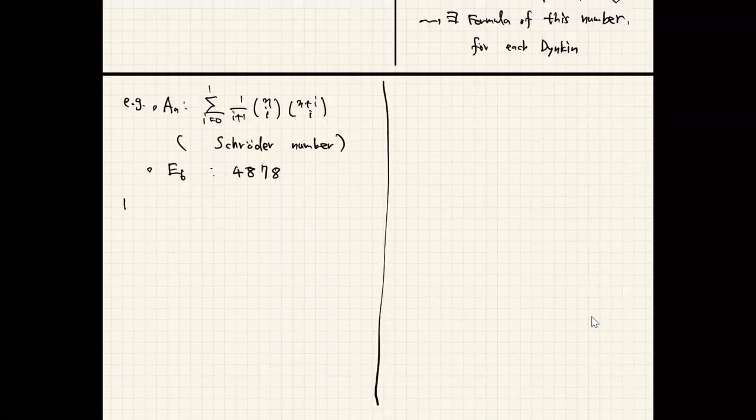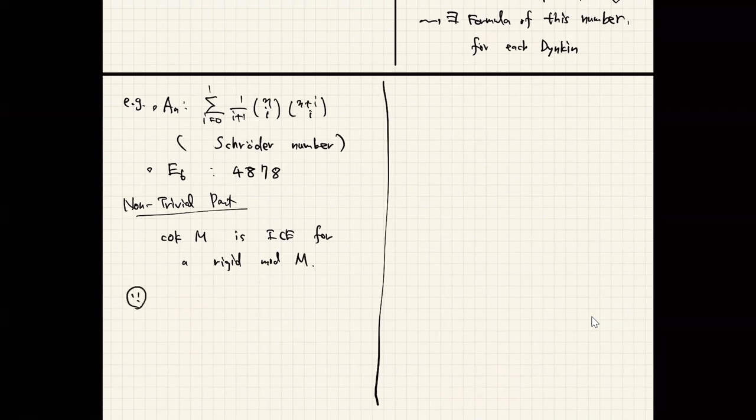The non-trivial part is that cok of M is ICE for a rigid module M.